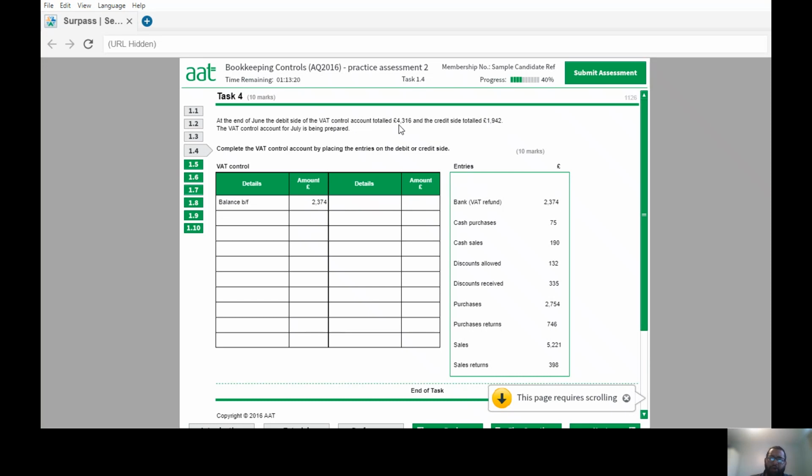When they close the account off, the balance carried down was on the credit side, and the new balance brought down will be on the debit side. Again, remember, you can write your T accounts for your VAT control account next to this to make sure you understand where this is all going. Then we are looking at the bank VAT refund. Once we get the VAT refund from HMRC, how is that going to be recorded?